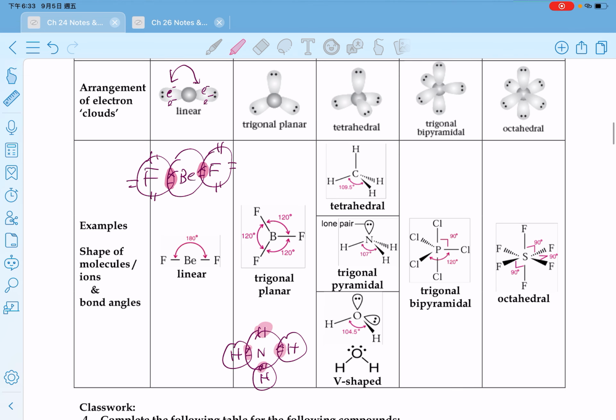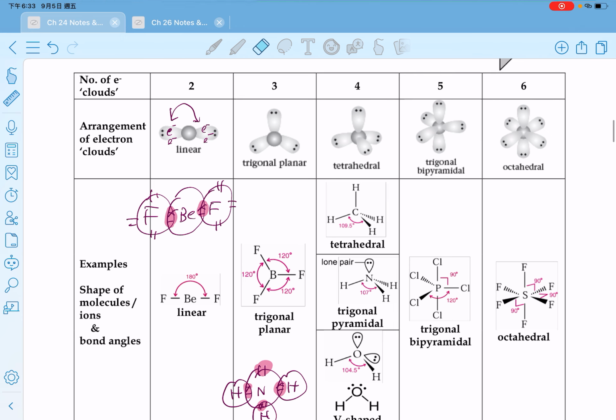In fact, it should have 4 electron clouds for the central nitrogen atom. We should count all the electrons that contribute. If there are 4 electron clouds, they should be tetrahedrally arranged. So we say that in ammonia, the electron clouds are tetrahedrally arranged.